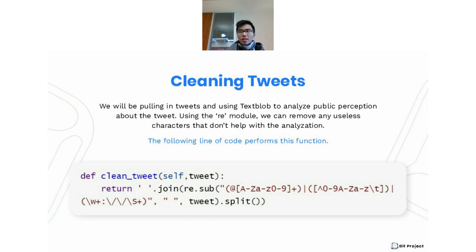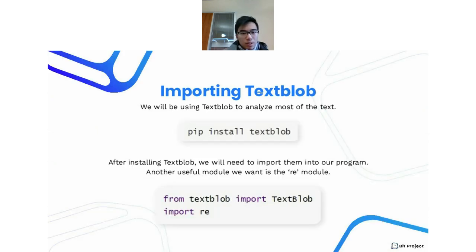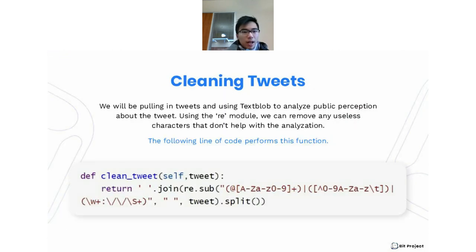If the tweet has a bunch of quotation marks, hyperlinks, forward slashes, backward slashes, it doesn't really help with interpreting the meaning of the sentence or of the text, right? So what we'll be doing is removing all of this. And again, we'll be using the re module for this. I want you to copy this function exactly word for word.